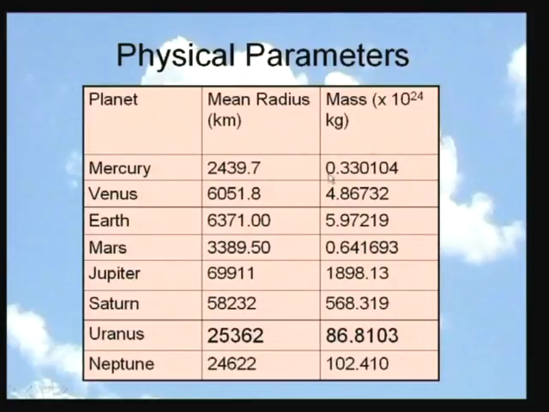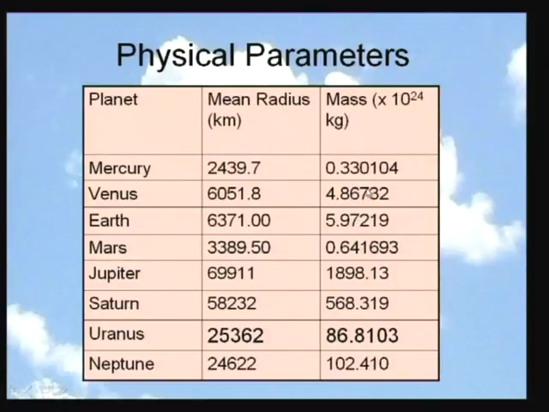The mass also, up to Mars the mass is quite low, of the order of 10 to the power 24 kilograms. These are in units of 10 to the power 24 kilograms, and Earth has a mass of 5.97 times 10 to the power 24 kilograms.